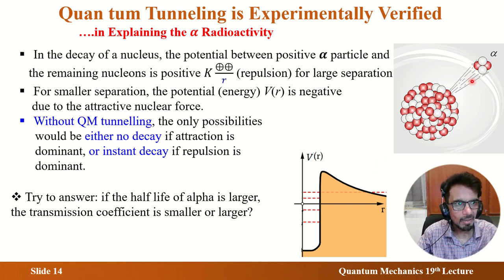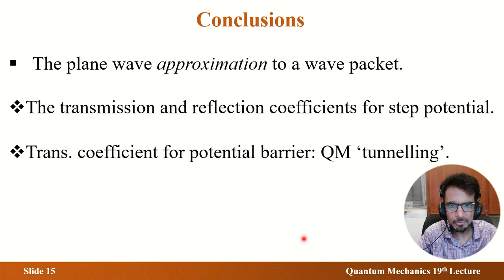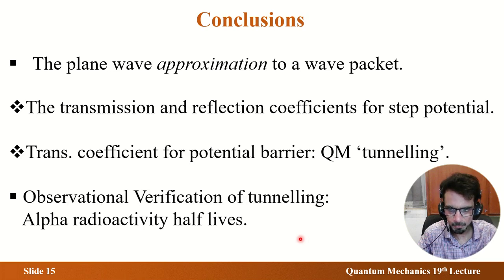If it emits after a large time, is the probability of emitting, the transmission coefficient from region 1 to region 3, larger or smaller? The answer is, if half-life is larger, it takes more time, it has less probability, so the transmission coefficient is lesser.